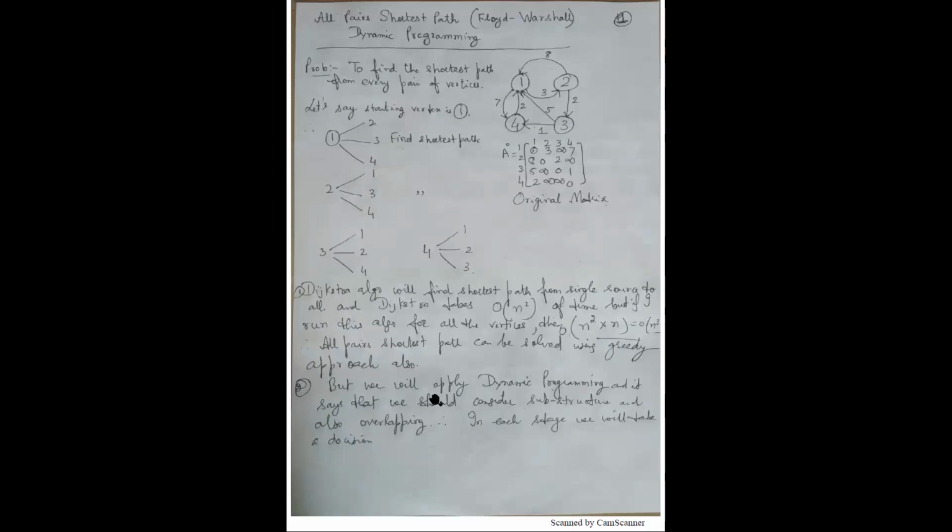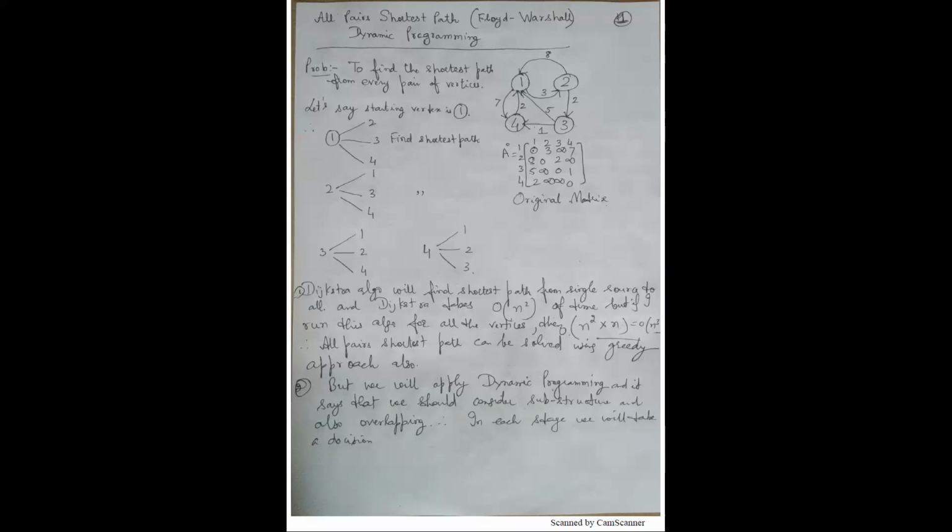What is this algorithm giving? This algorithm is giving us the shortest path from every pair of vertices. This is different from Dijkstra's algorithm. This is using the dynamic programming approach, whereas in the Dijkstra's algorithm we use the greedy approach, and what is the Dijkstra's algorithm?